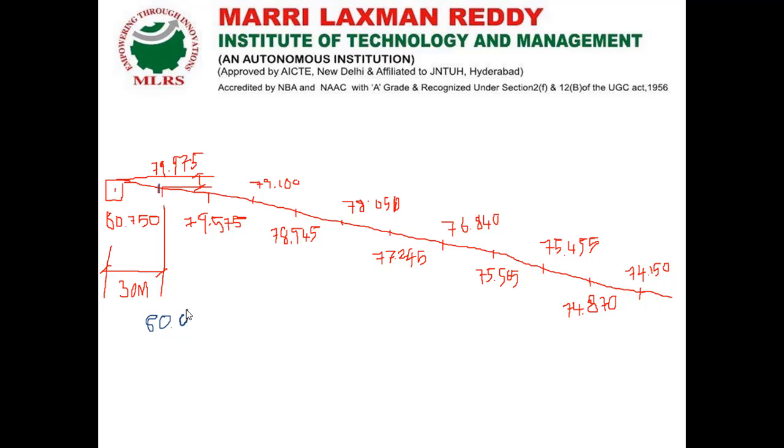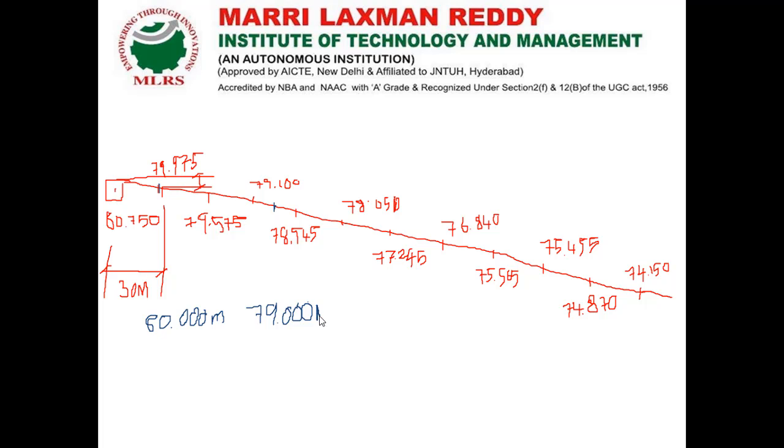That is called interpolation of contouring. In between these points we have this 80 meter position. Similarly 79.57, 79.100, 78.575, in between them we have 79.00 meter.